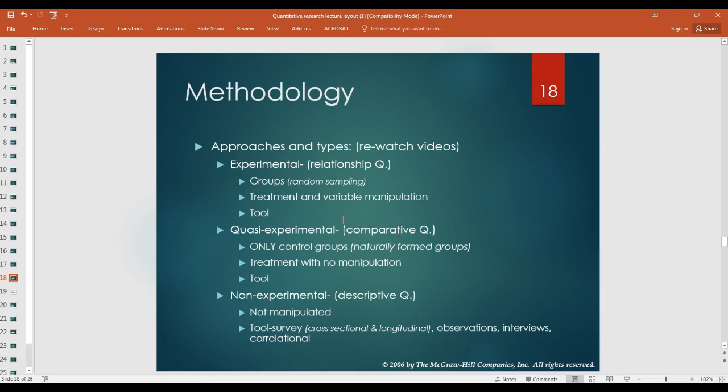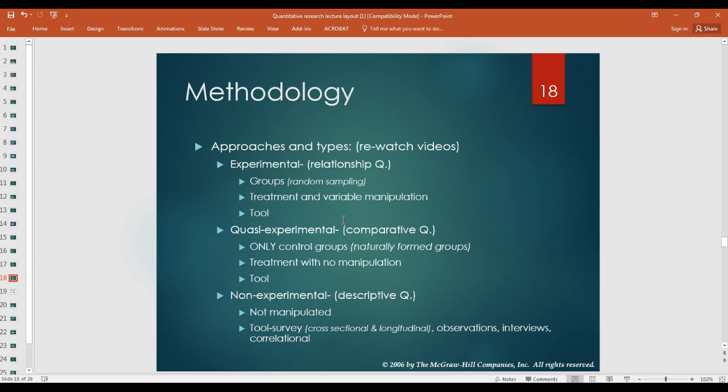The experimental design has to have an independent and dependent variable. We just discussed this, that in an experimental relationship experiment, we have to have dependent and independent variables, and the independent variable is always manipulated.